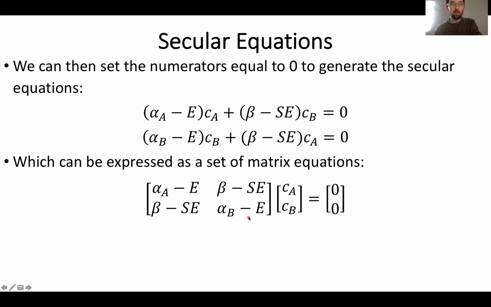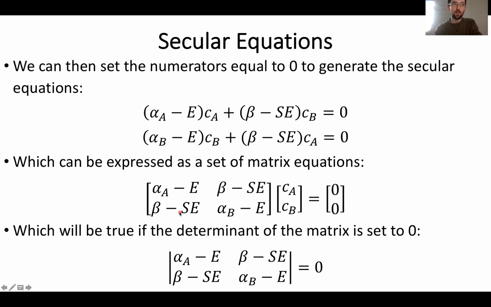So that means that I can figure out exactly what energy will give me a 0 value. Because here's the beautiful part: by doing this, we eliminated the influence of my 2 coefficients. So now all I have to figure out is what energy satisfies this determinant.